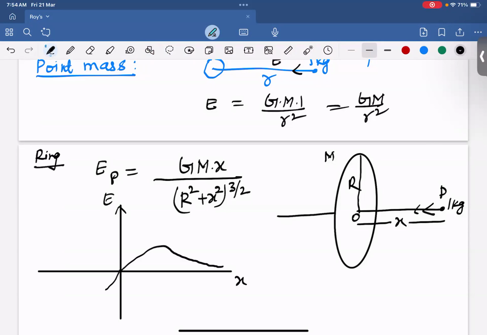Here also it is increasing, but after some time it's decreasing like this. That means there is a point where field is becoming maximum, and at this point the distance from the center is r by root 2. Here it is plus, this side also minus r by root 2. This is the field versus distance from the center graph. Understood? Yes, sir.